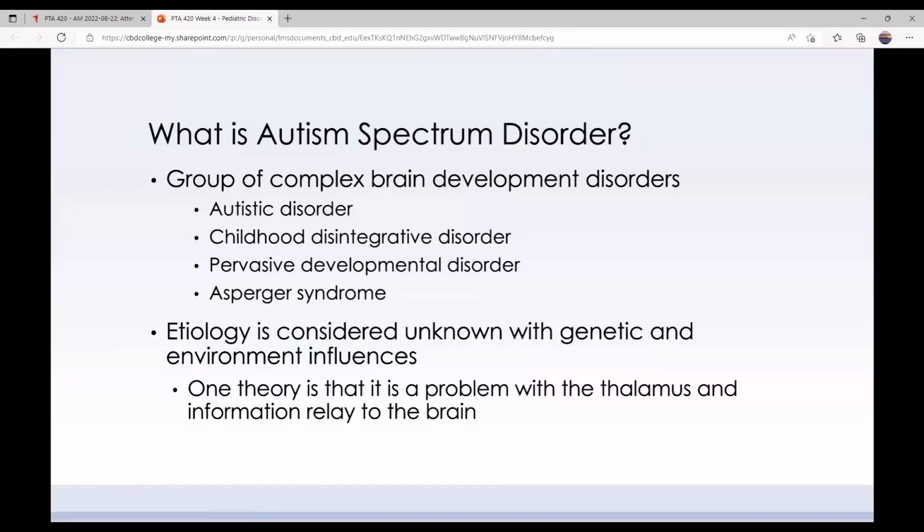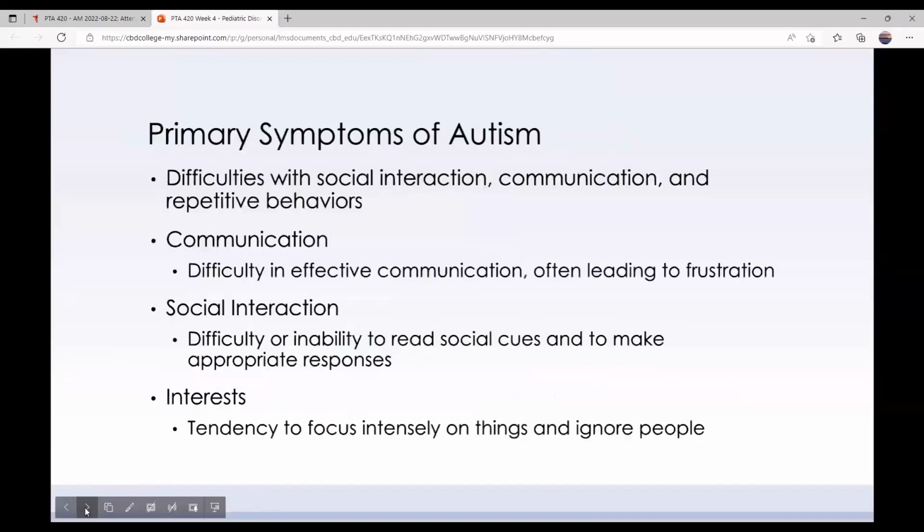So it's really pretty cool, the interventions that can be done and can really help these individuals have a very typical life. There are still obviously some things that are occurring, and he's still working on them, but there's quite a bit that can be done. Communication is often frustrating for parents and for the individual. They aren't always able to exactly say how they feel and communicate that way.